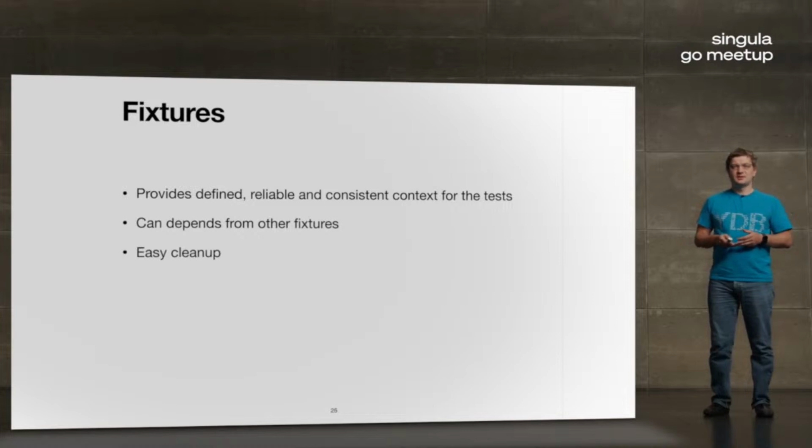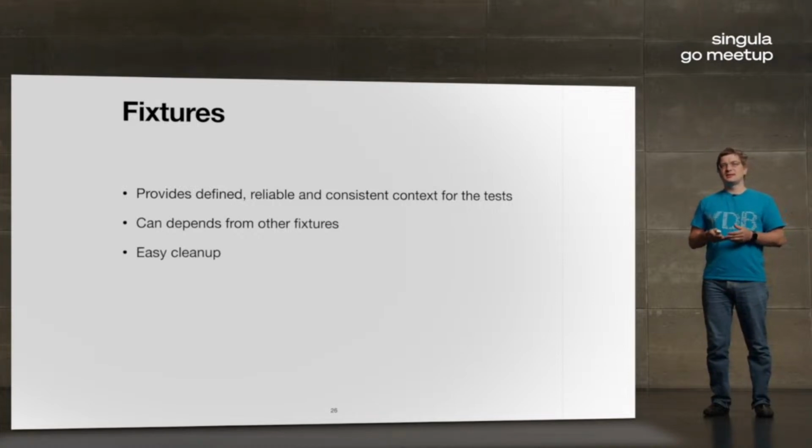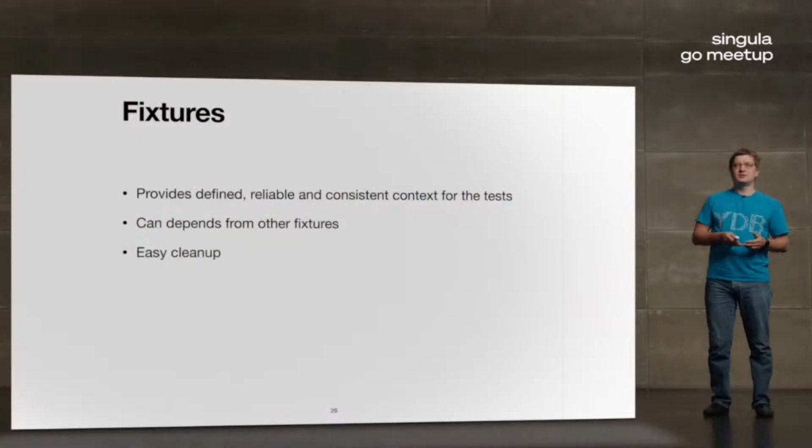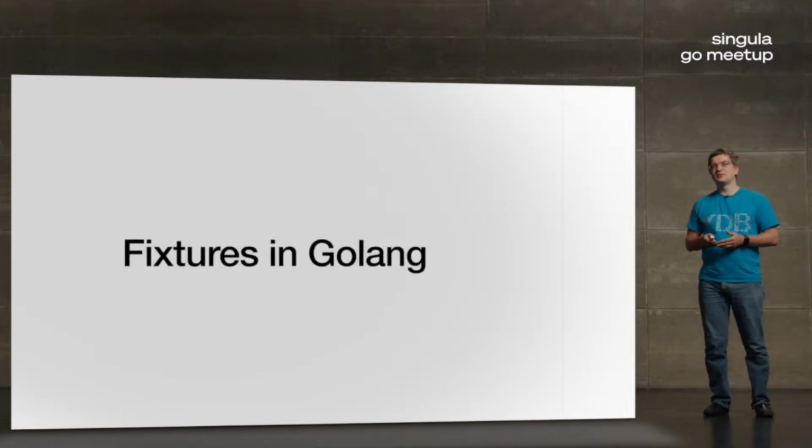Easy cleanup: every fixture can provide cleanup code, and the tests don't need to worry about cleanup. All cleanup will be made by fixture code. We talked about fixtures in Python, PyTest. Then we can talk about fixtures in Golang.